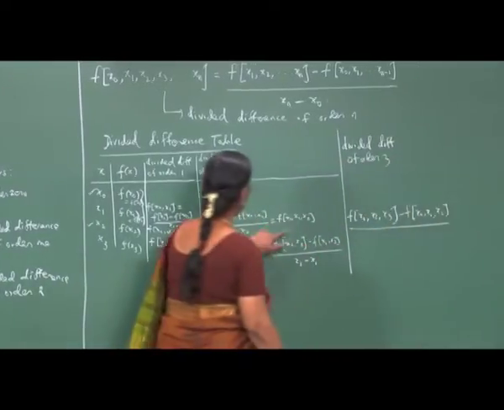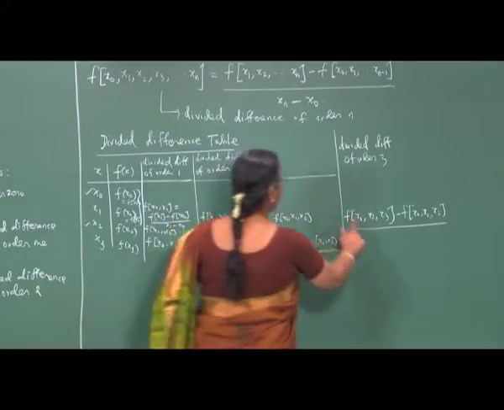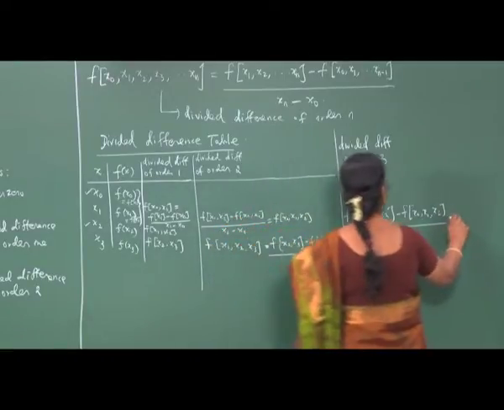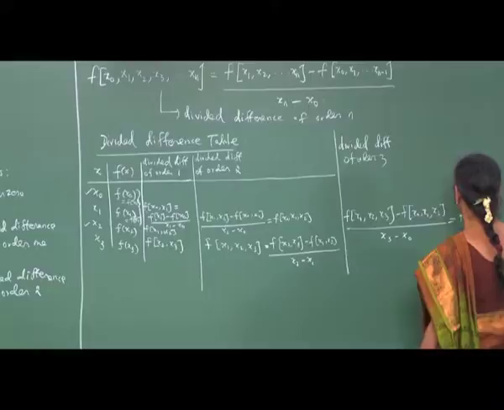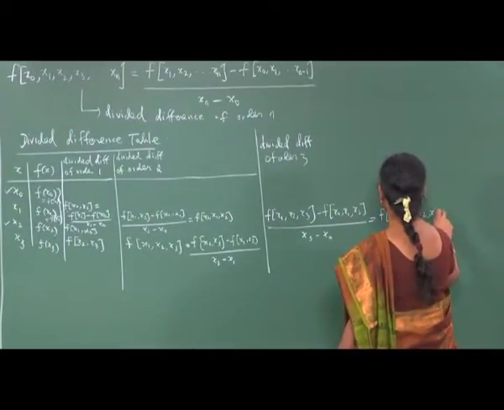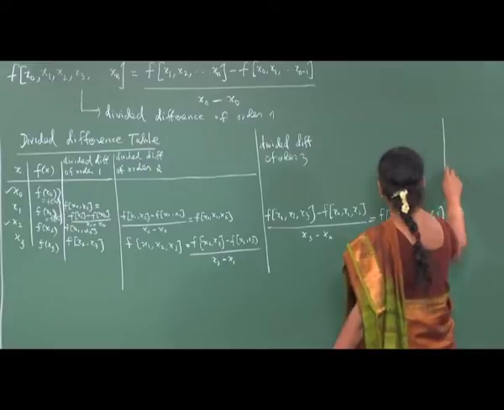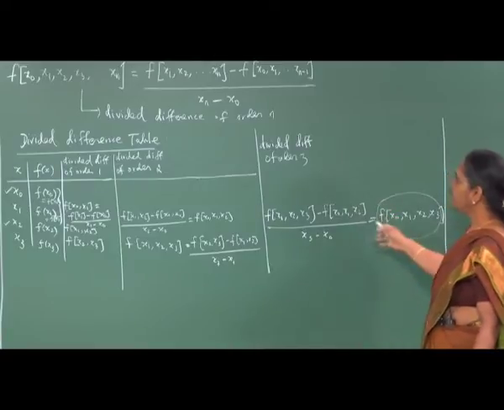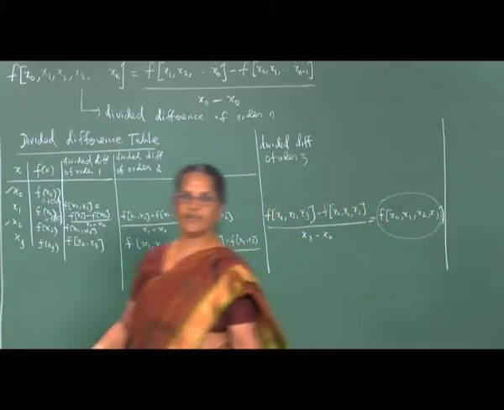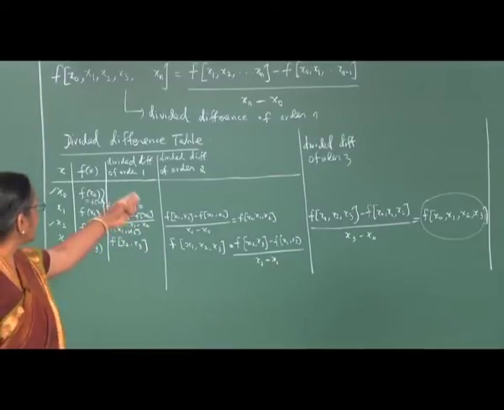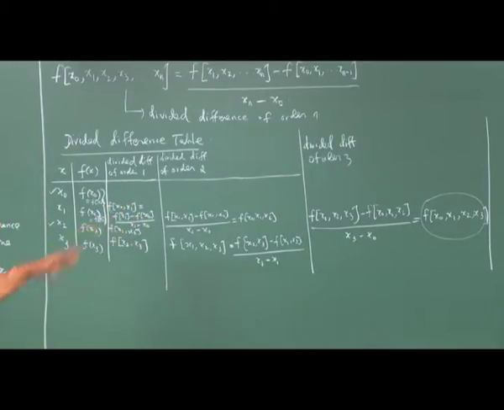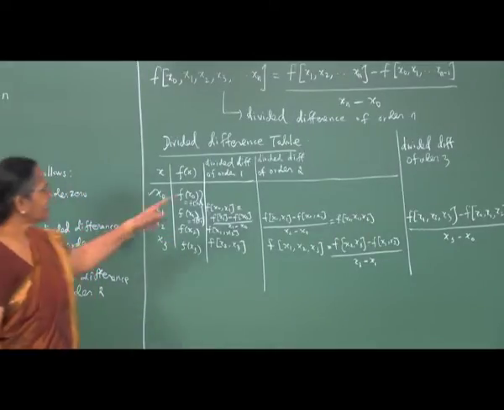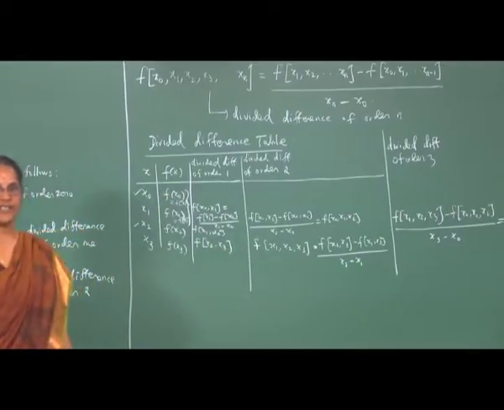So, this minus this will give you, so what is it that we have to write down? x3 minus x naught, and that is going to be f of x naught x1 x2 and x3. So, this gives you the divided difference of order 3, and this is constant. So, the higher order divided differences beyond the third order divided difference will all be 0 for the information given in this table, and the third order divided difference is constant.